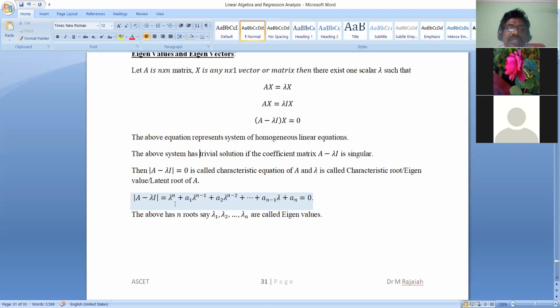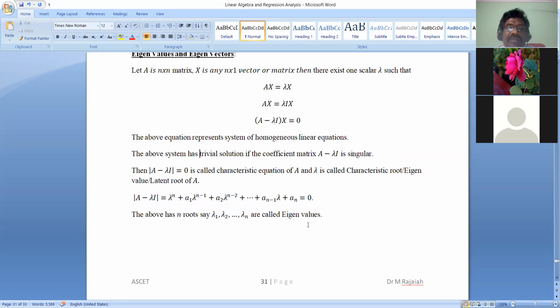We have to solve this equation for lambda values. We get n values as roots. Those roots are called eigenvalues, characteristic roots or latent roots of the given matrix.